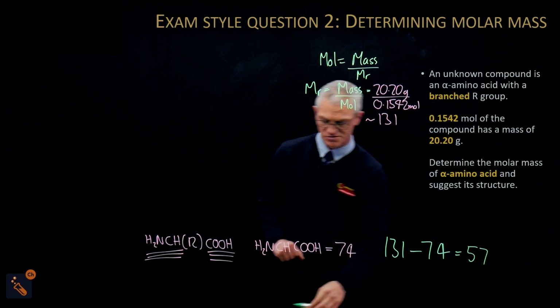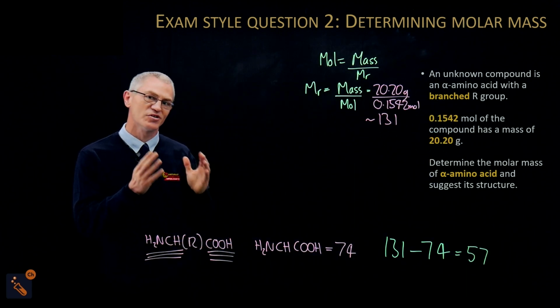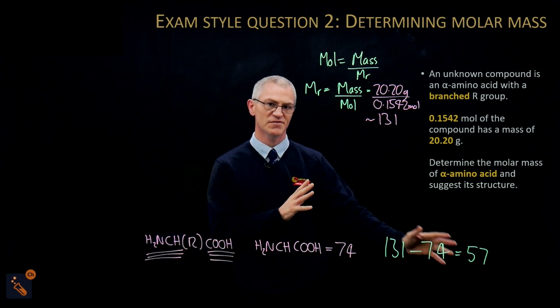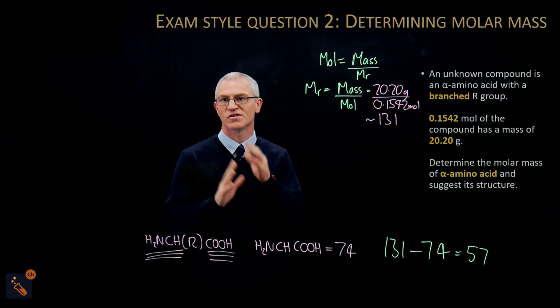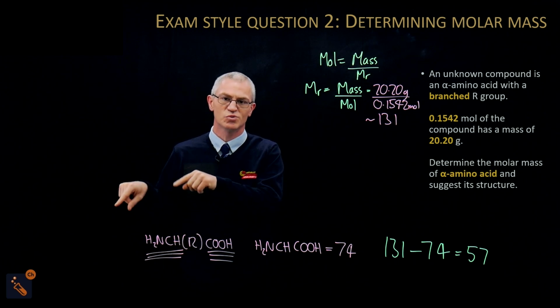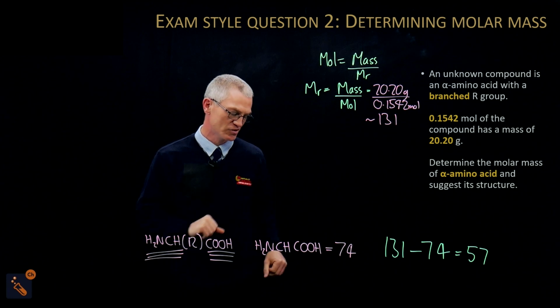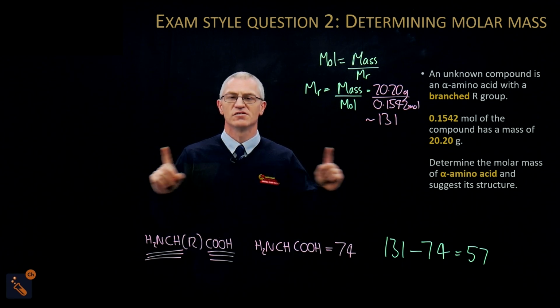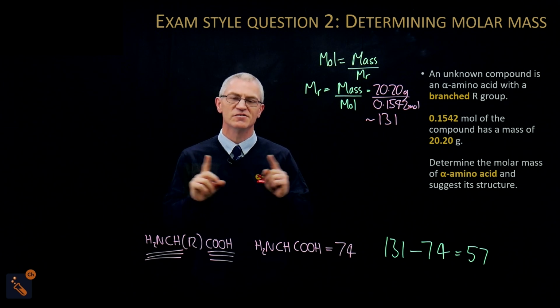Now I'm going to teach you a very simple exam trick. If you know you've got an alkyl group and you want to roughly know how many carbons there are, you can obviously divide by 12 and things like that, but sometimes that's a bit misleading. If you think about it, all alkyl chains are mainly made of CH2s.